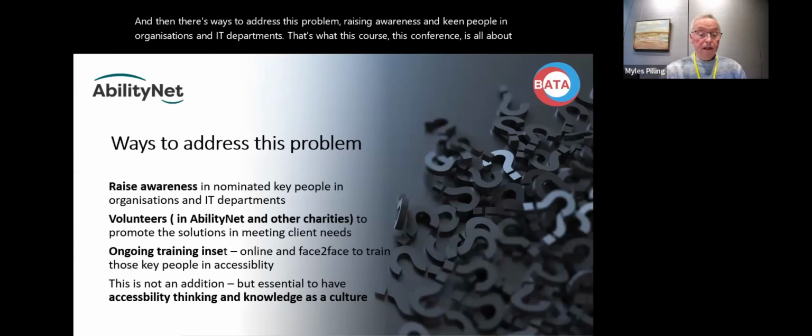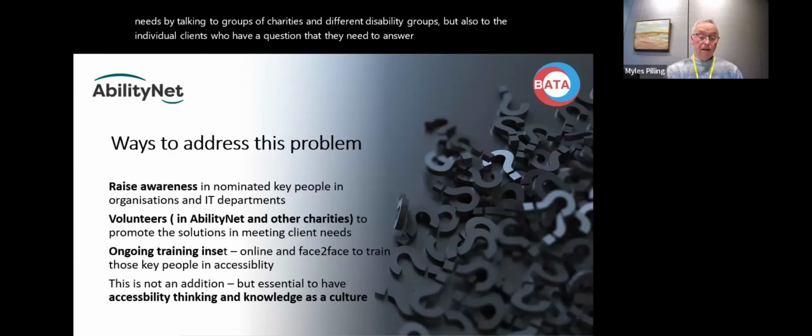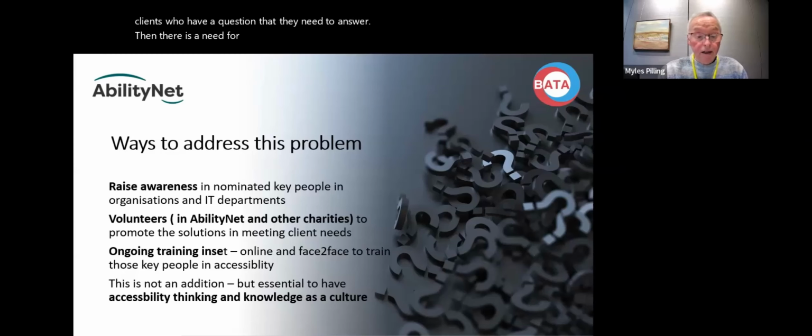And we have volunteers who can actually promote that in the solutions of meeting client needs by talking to groups of charities and different disability groups, but also to the individual clients who have a question that they need to answer. And then there is a need for ongoing training because technology, and particularly assistive technology, is changing by the hour.